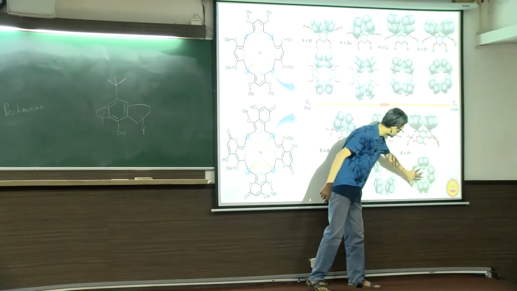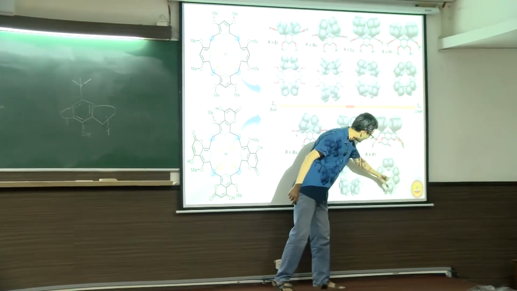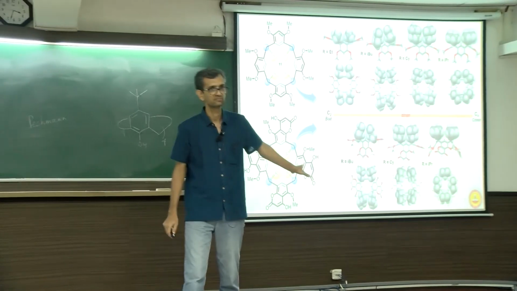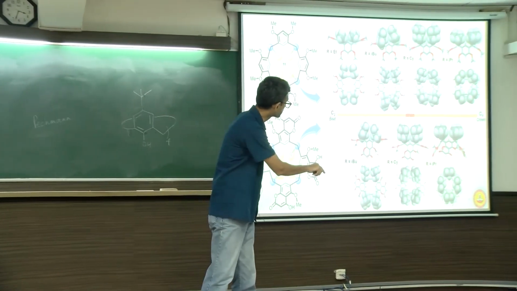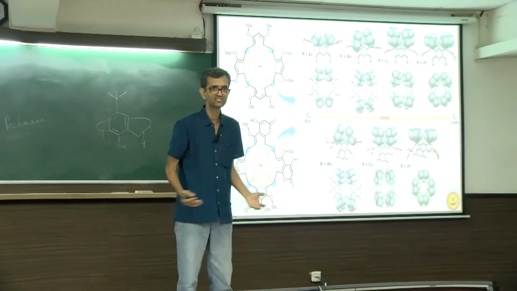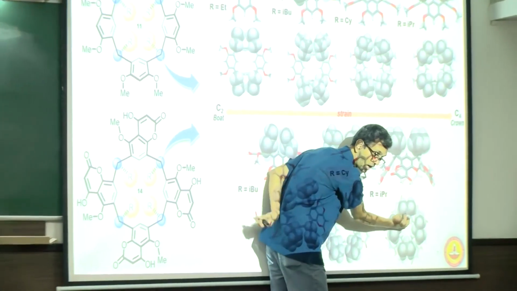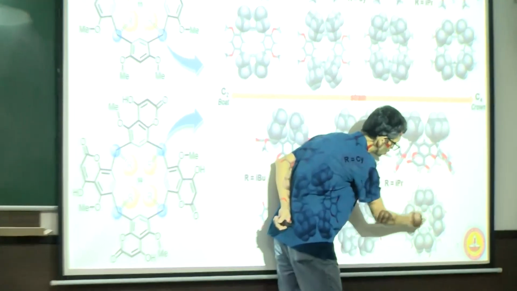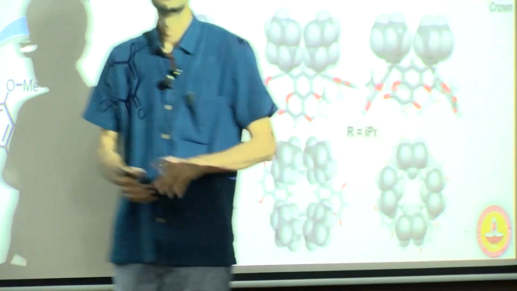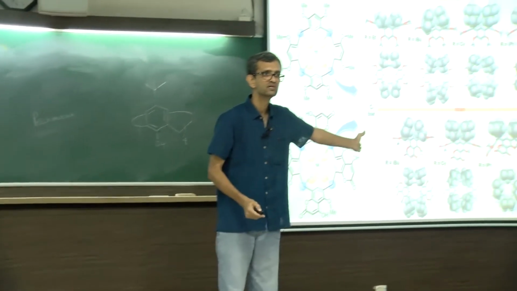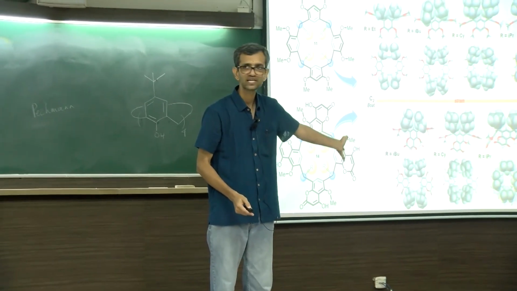If you add one more methyl and keep the hydrogens pointing inwards, that is the space that you have. By putting one more methyl here, you can imagine it's going to be very crowded, because in the hydrogen's place you are going to keep a carbon, and then you attach 3 hydrogens to it. It cannot accommodate 3 methyls within the cavity.